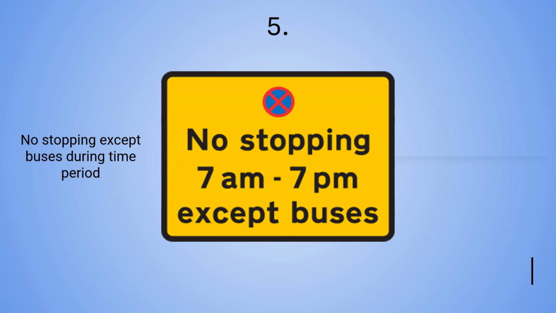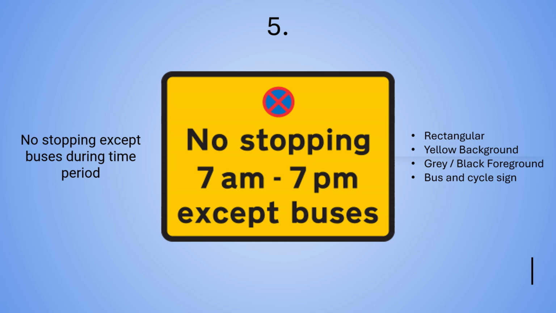Sign number 5 means no stopping except buses during time period. The sign is rectangular in shape on a yellow background and gray or black foreground, and it's a bus and cycle sign.